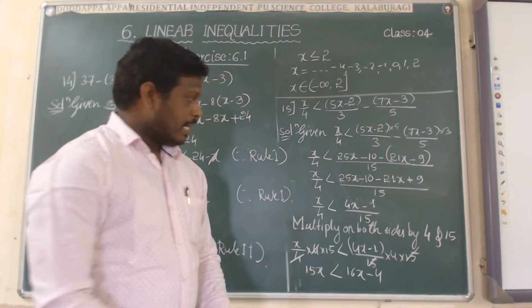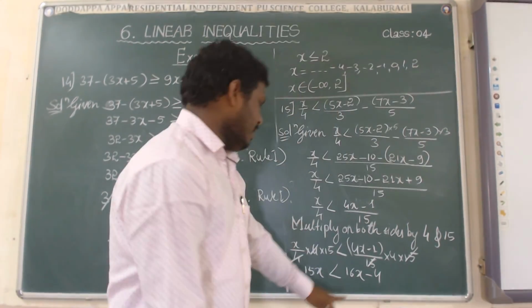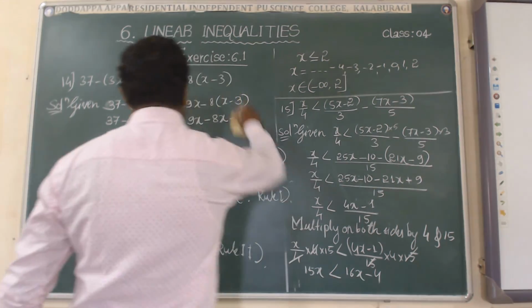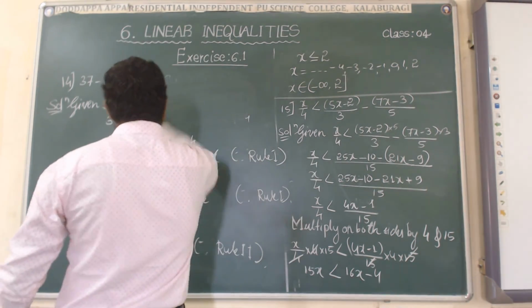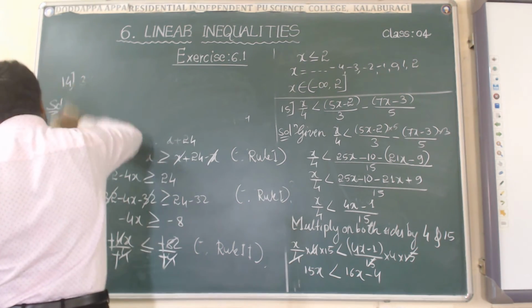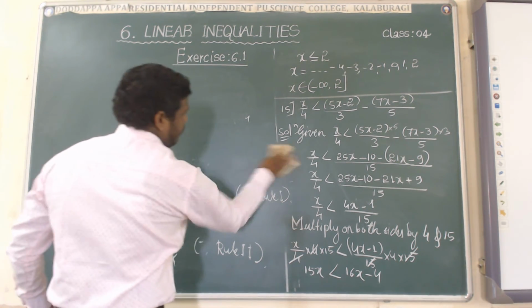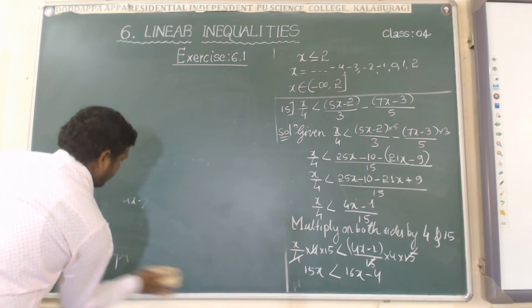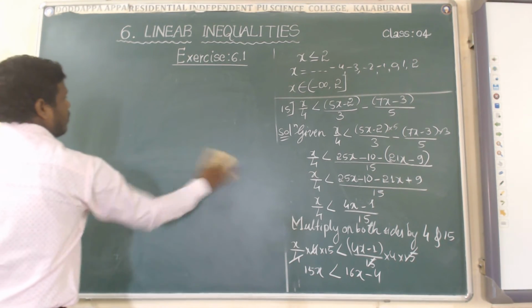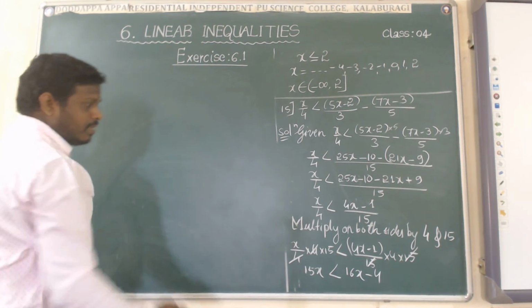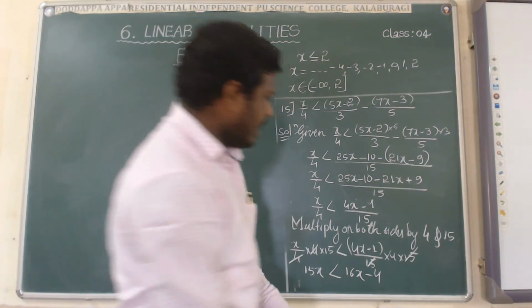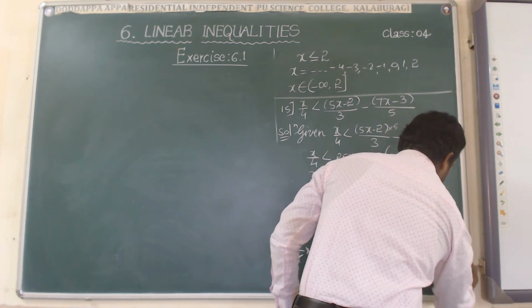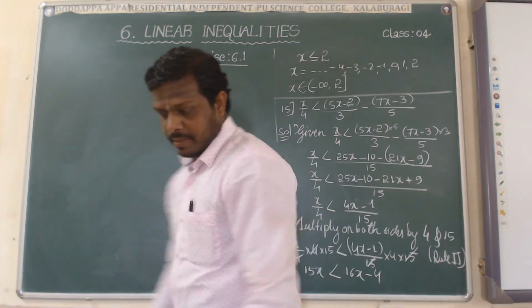Next step is for removing the 16x from the LHS side. So what do we do here? We have to subtract both sides by 16x, by using the first rule.